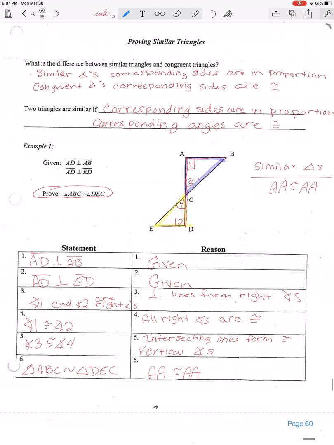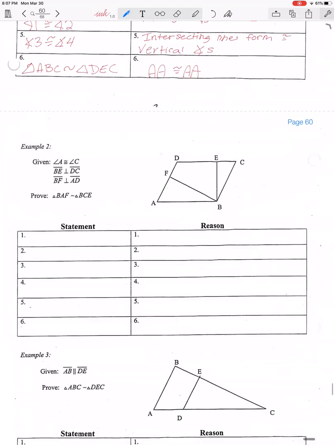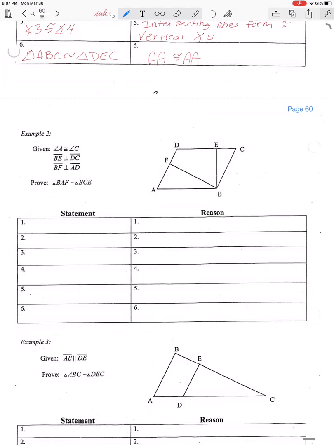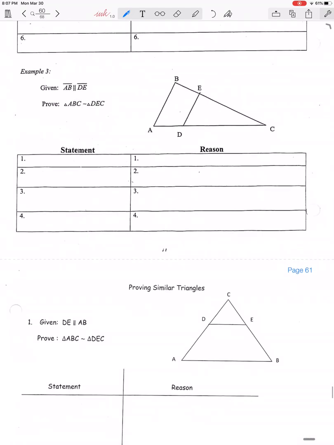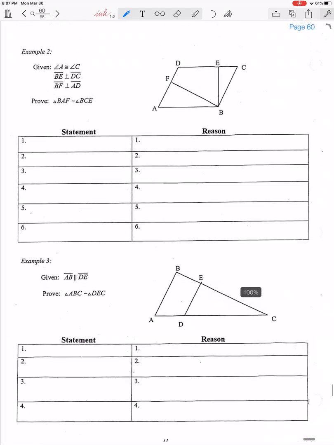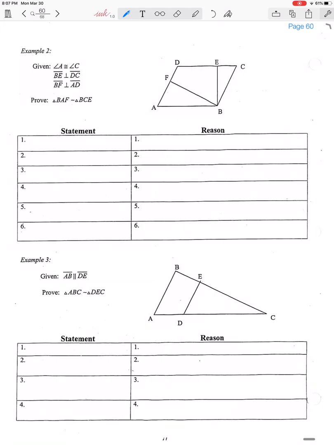So, I'm going to do example number 2 and example number 3 with you. And then I'll have you try some on your own and we'll go through it. So let's take a look at example number 2.